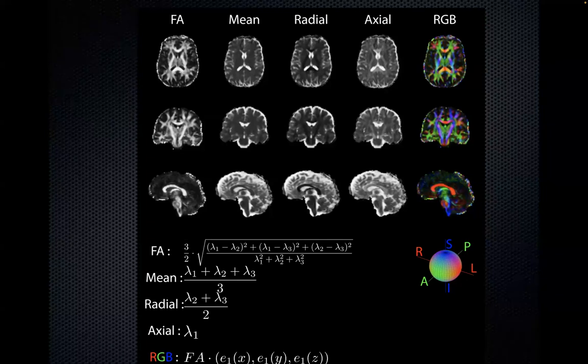There are at least thousands of papers showing that radial diffusivity goes up with demyelination. Axial diffusivity goes down with age as axons atrophy.